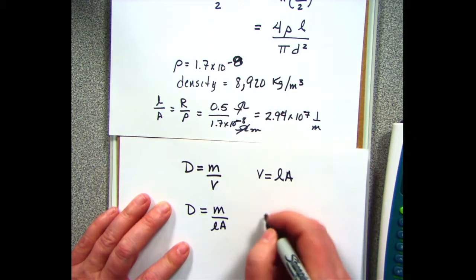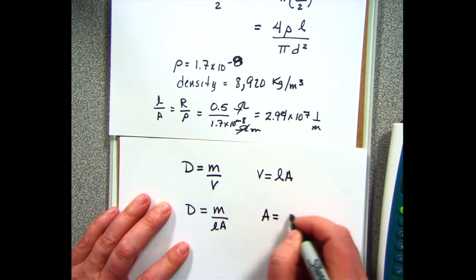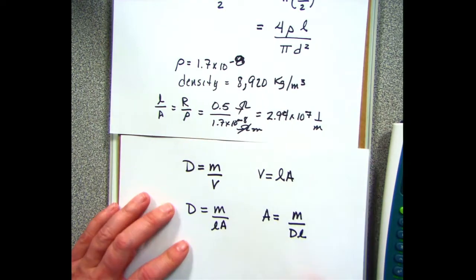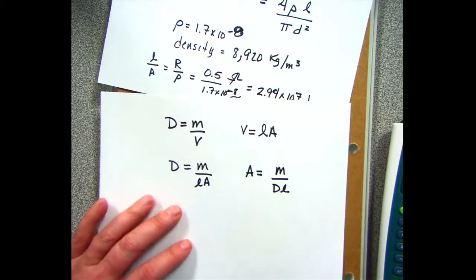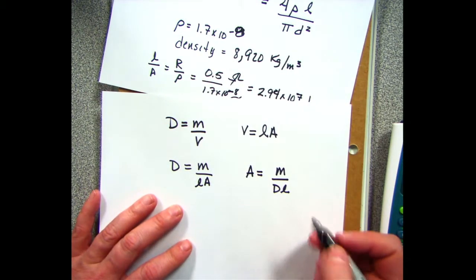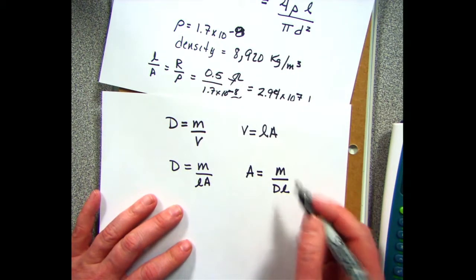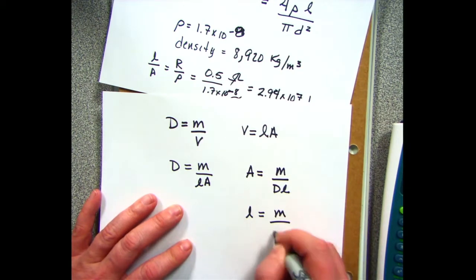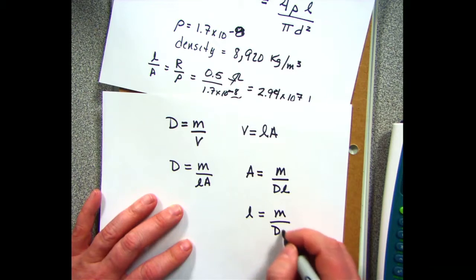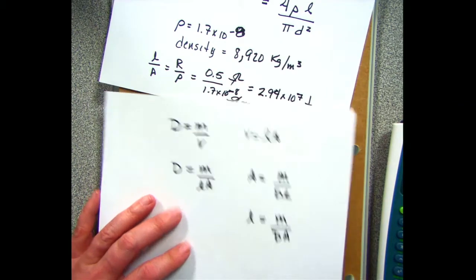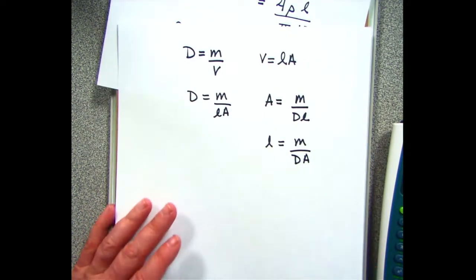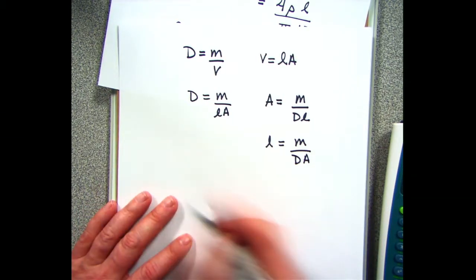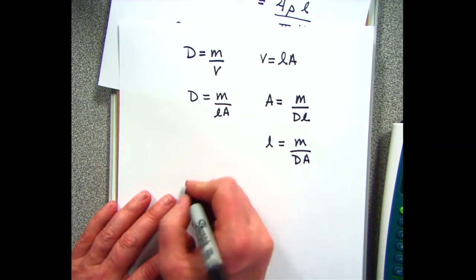And length is going to equal mass divided by density times area. If I'm solving for L first, I get L times density over m, because this is equal to L divided by A, and that equals 2.94 times 10 to the 7th, 1 over meters.